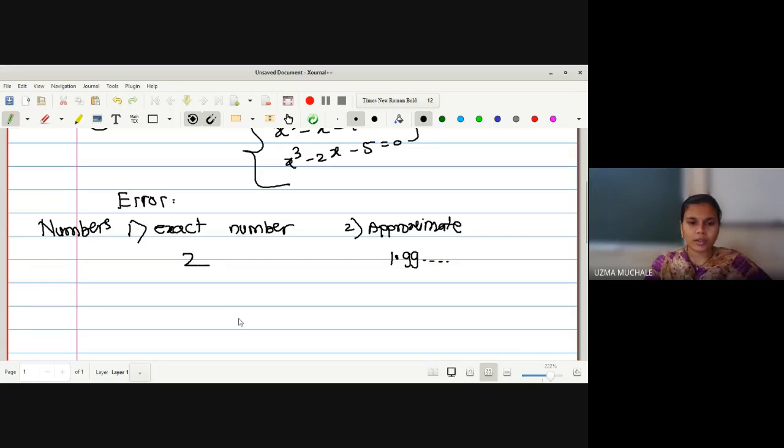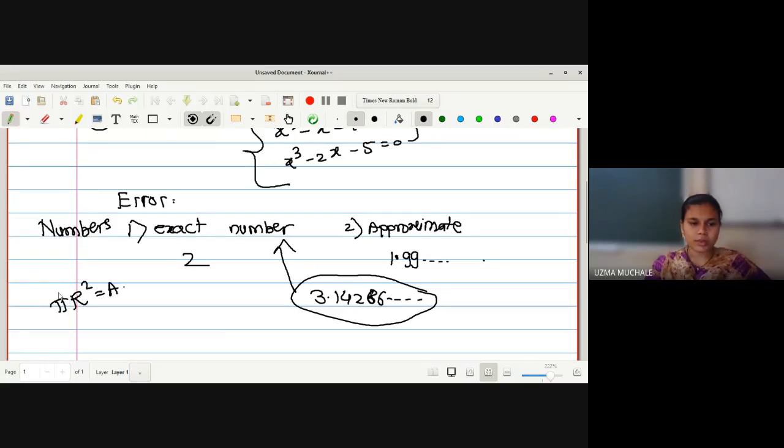Right. In a very similar way, we can take 3.1428 and so on. This is the value of pi, right? No doubt we do not know its exact value, but in calculations, whenever you are going to find the area of a circle, it is pi r square.